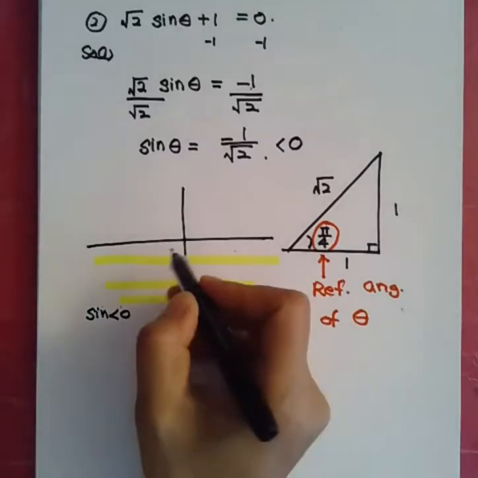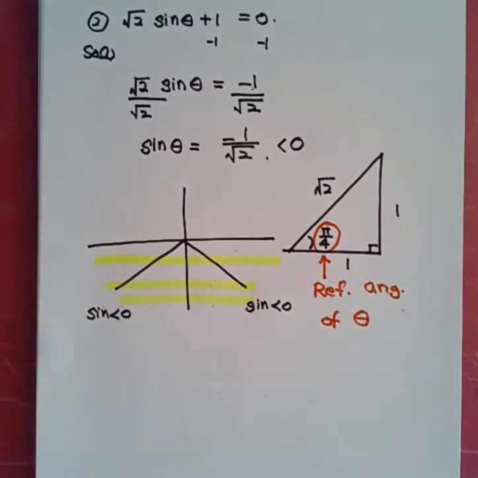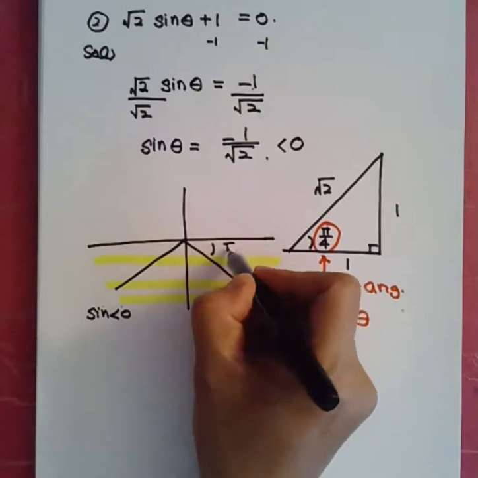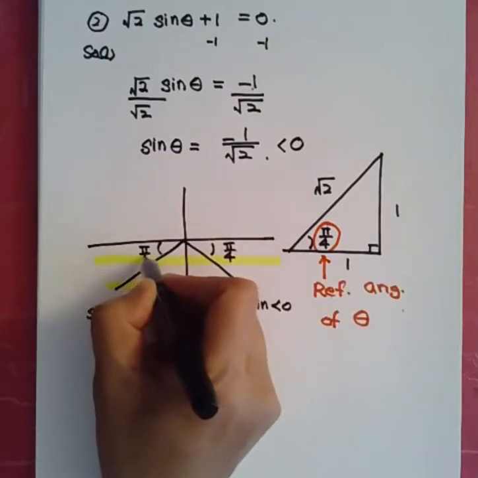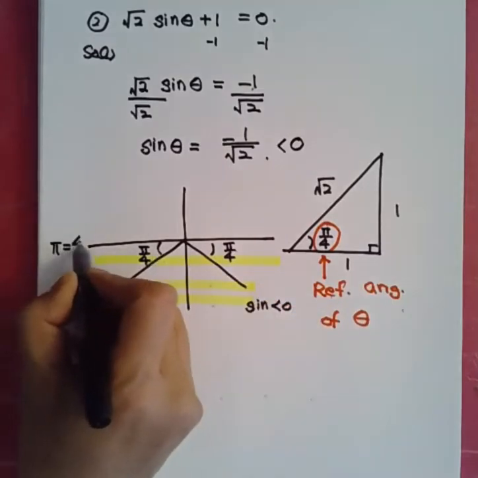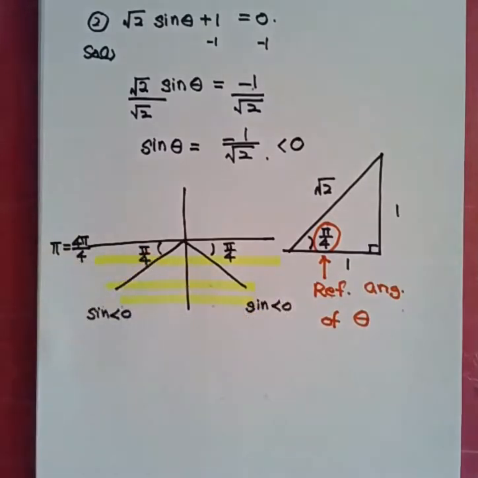So we will locate the angle in the third and fourth quadrant with reference angle pi over 4. This is pi. We can rewrite that as 4 pi over 4 because we think about fractions with denominator 4.